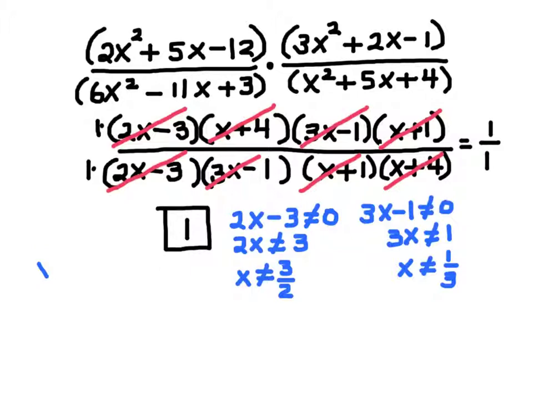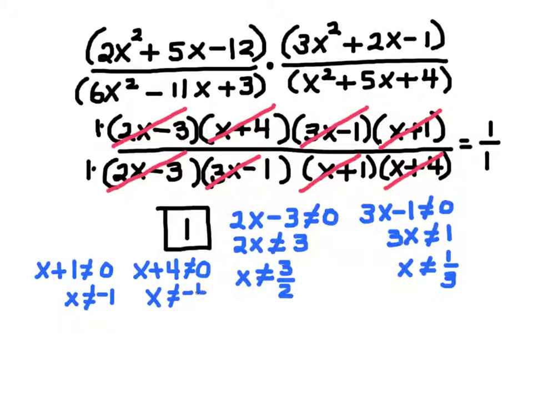Both x plus 1 and x plus 4 cannot equal 0. Solving for what x cannot equal, we have x cannot equal negative 1, and x cannot equal negative 4. So x can equal all values except for -1, -4, 3 over 2, or 1/3.